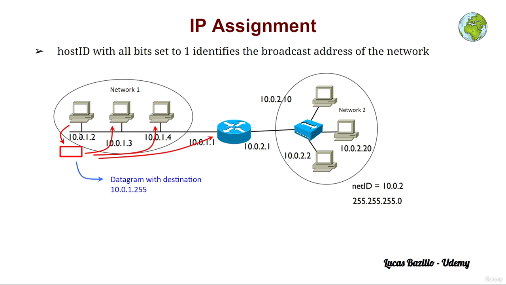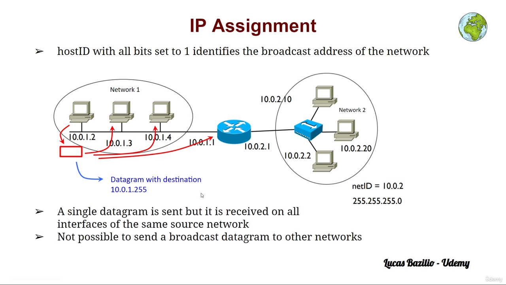All of these interfaces are going to receive this broadcast datagram. So a single datagram is sent, but it is received on all the interfaces of the same source network. Very important notion: it is not possible to send a broadcast datagram to other networks. A broadcast datagram is by definition only for the network that we are sending from the source host.